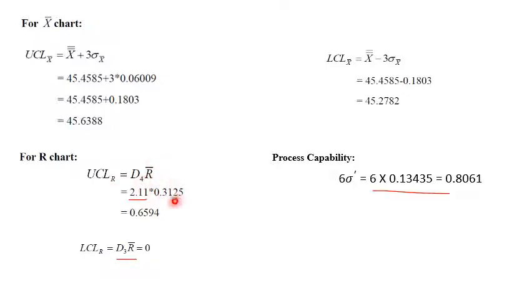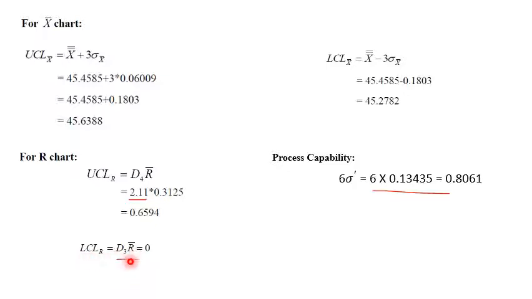R bar we already calculated, and D4 we get from the table at n equal to 5, D4 is equal to 2.11. So the upper control limit for R is equal to this one, and the lower control limit for R is equal to D3 R bar, but we have n equal to 5, which is less than 7, so D3 is equal to 0 from the table.